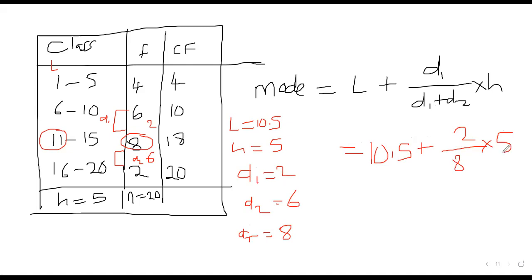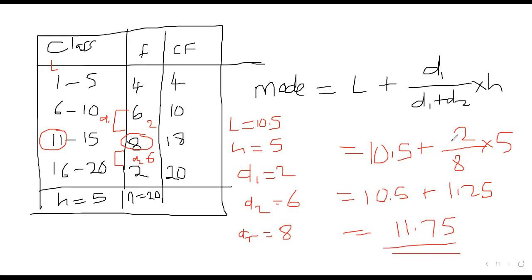So when you compute that, we're going to have 10.5, don't touch this yet until you rectify that. 2/8 is a quarter, and a quarter of 5 is 1.25. When you add 1.25 to the 10.5, you're going to get 11.75.